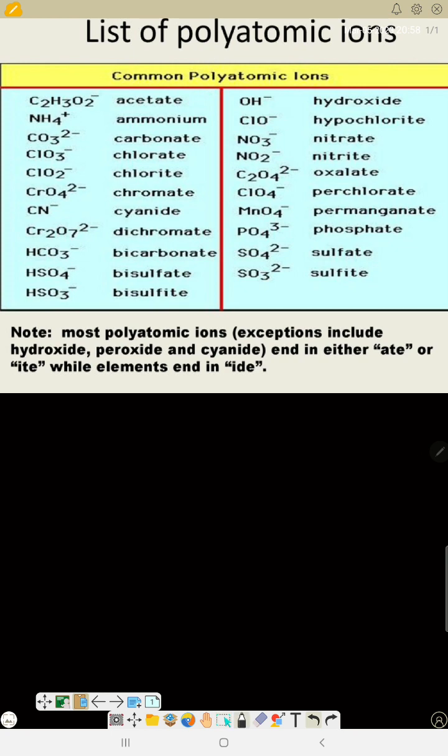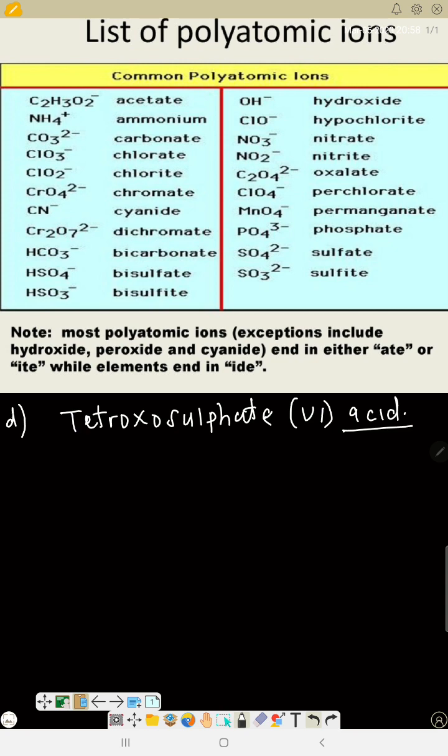Let's see another one. Let's say I have tetraoxosulfate 6 acid. Anytime you see acid, you should know it is hydrogen. So acid is hydrogen, and the valency is 1 because it's in group 1.